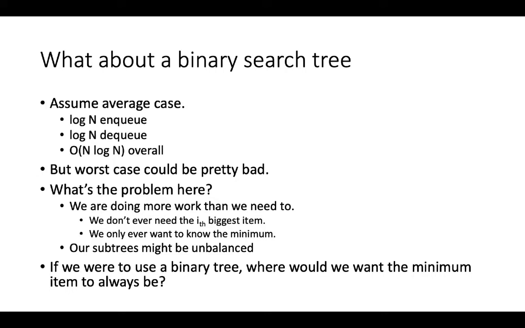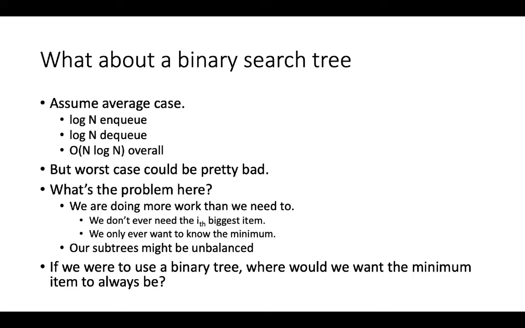And so the insight here is our binary search tree is doing more work than it really needs to do. Because basically, we never really need the ith biggest item. The binary search tree is great for search, either finding something that's in the binary search tree, or just seeing if it's there, or finding a particular ith item, because we can do a depth first search, or that kind of thing, right?